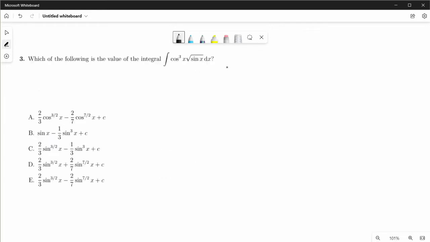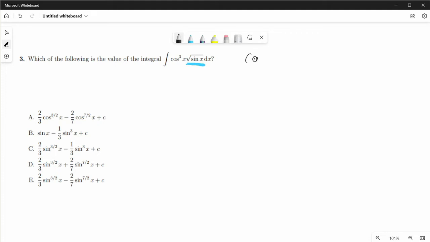For number 3, we have an integral of cosine and sine. This is a typical trig integral. In this case, since we have sine x in a square root, that's pretty hard to get out. So what I'm going to do here is convert a cosine squared into sine squared, or 1 minus sine squared.